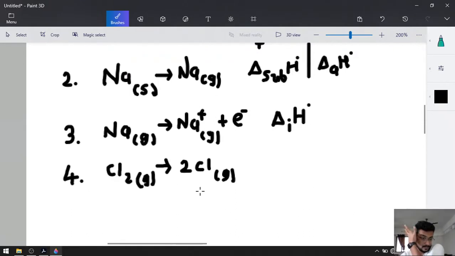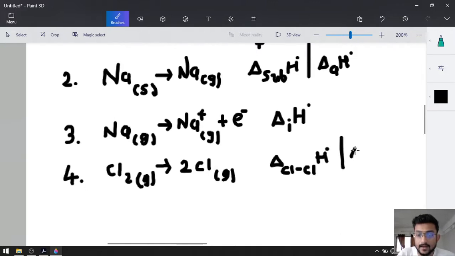Is that clear? It will provide us delta chlorine-chlorine bond dissociation enthalpy, H naught, or you can say delta atomization enthalpy, because it is a diatomic molecule, right?